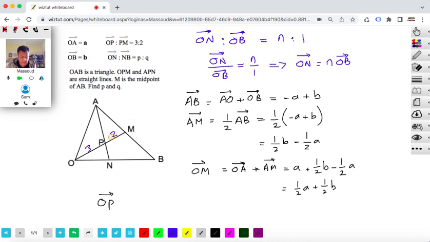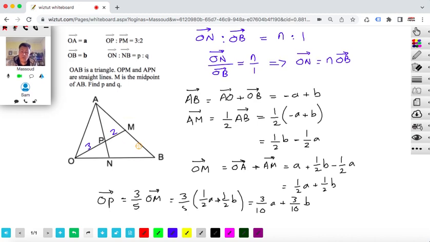So OP would be equal to 3/5 of OM, which is 3/5 of half A plus half B, and that gives me 3/10 of A plus 3/10 of B. So that's OP.